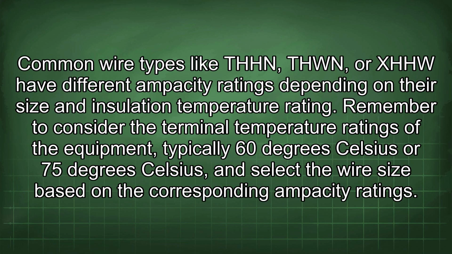Common wire types like THHN, THWN, or XHHW have different ampacity ratings depending on their size and insulation temperature rating. Remember to consider the terminal temperature ratings of the equipment, typically 60 degrees Celsius or 75 degrees Celsius, and select the wire size based on the corresponding ampacity ratings.